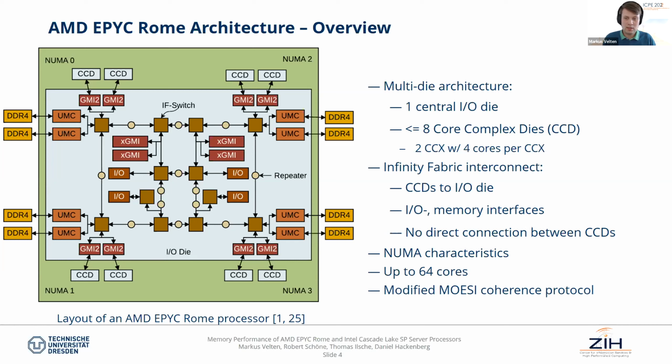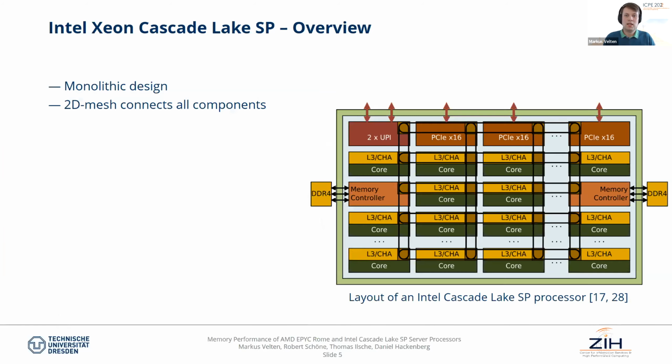The AMD EPYC Rome processors can be shipped with up to 64 cores, and they use a modified MOESI coherence protocol. So we know at least that the cache lines can have the states modified, owned, exclusive, shared, and invalid. Some other states have been mentioned, but not properly defined by AMD, so we didn't analyze them.